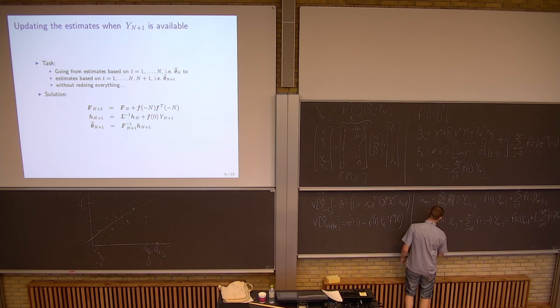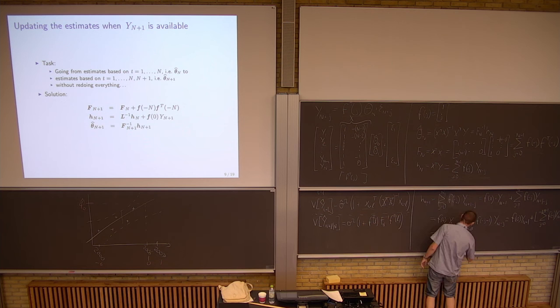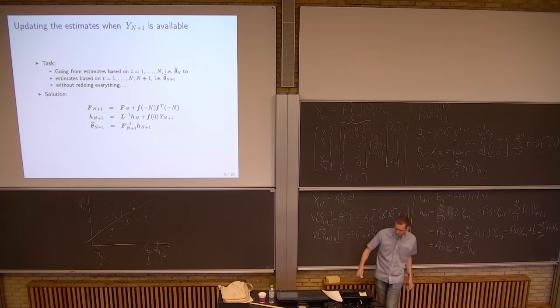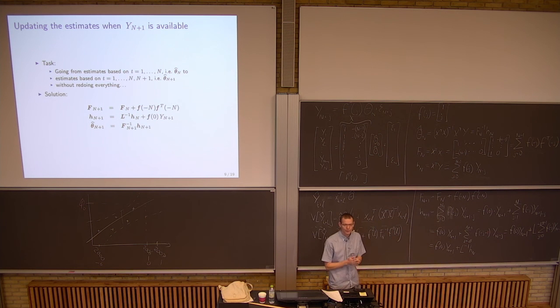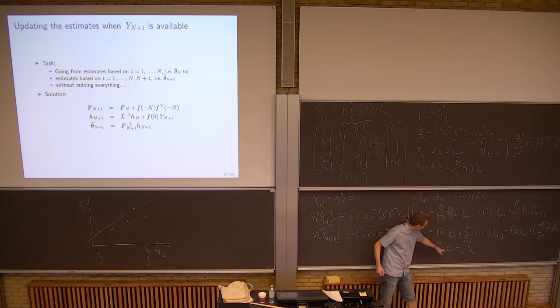So now we are where we want to be: f0 y n plus 1 plus L inverse of hn. That's where we want it to be, at least where I want it to be. So the h, that's where you step things backwards and update it.